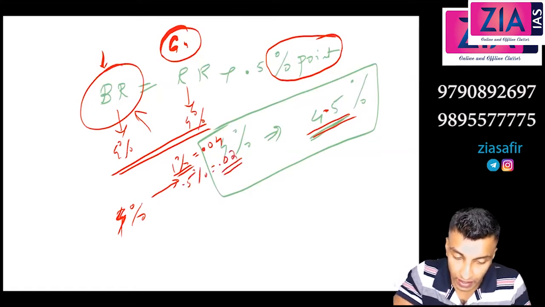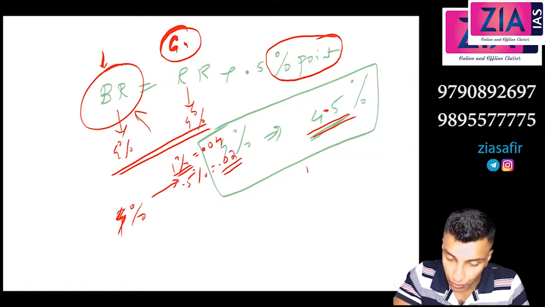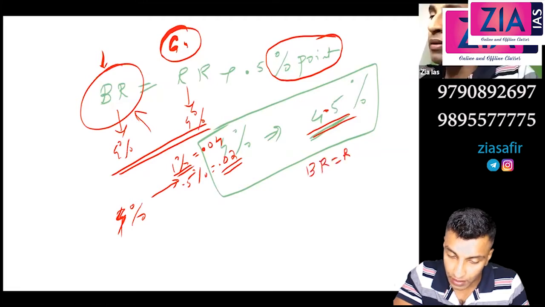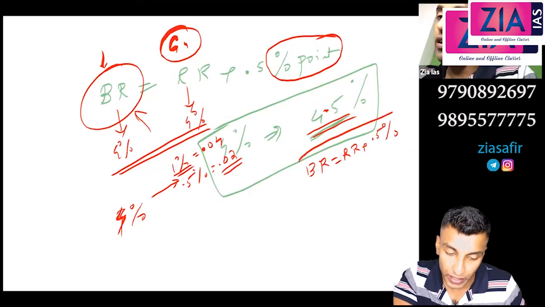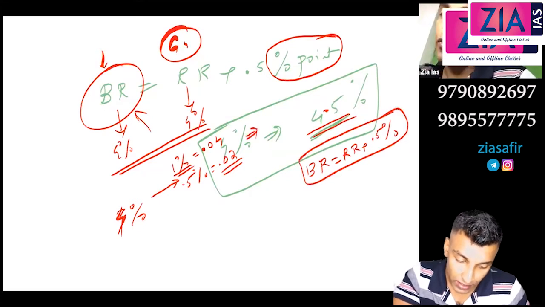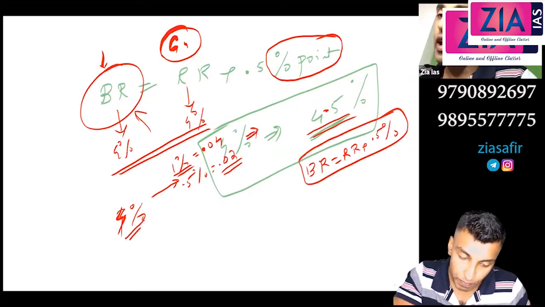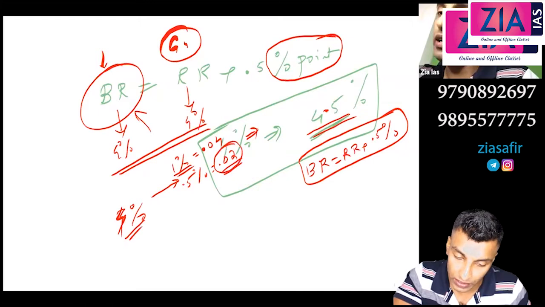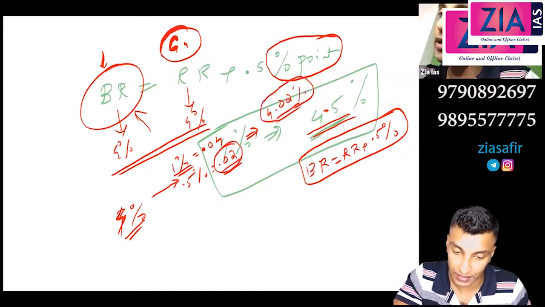Okay, so if I'm saying bank rate equals repo rate plus 0.5 percentage, then what will be the rate? 4 is the repo rate, and 4 plus 0.02, right? 4.02 would be the bank rate if I go with percentage, you got it?